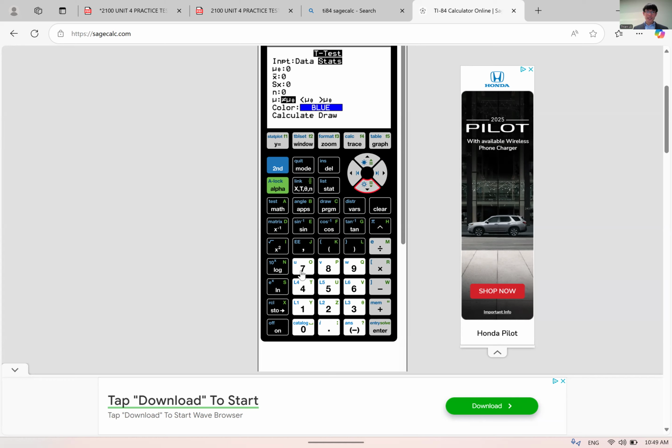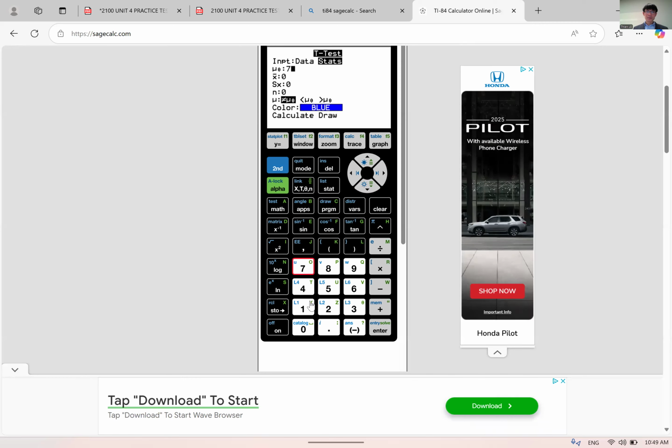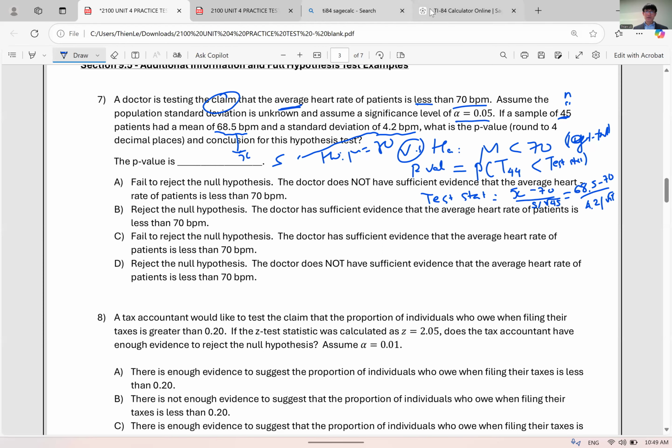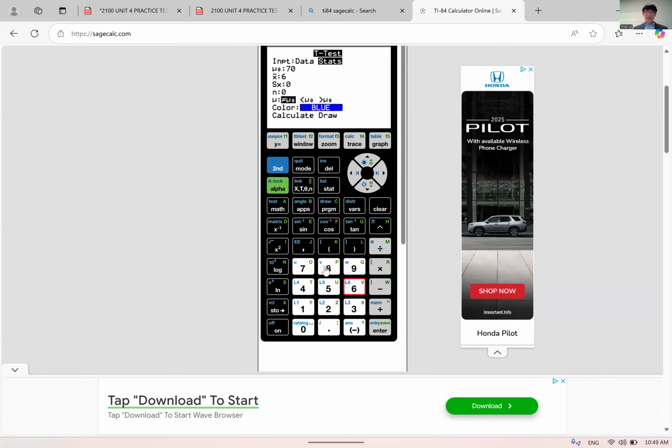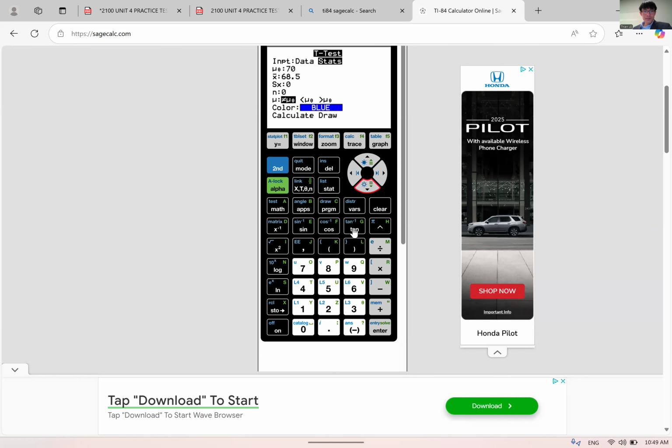The mu naught you want to test is 70. The x bar, which is the sample mean, is 68.5. Then insert all these things: 4.2, and n is 45. And you test for less than.